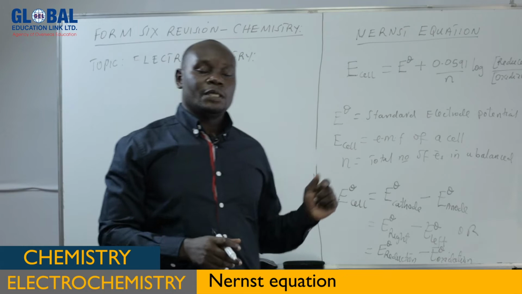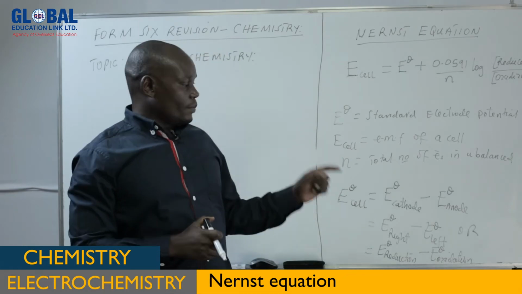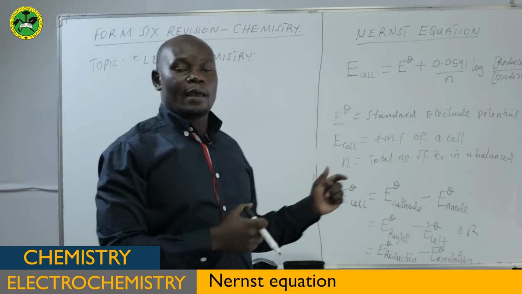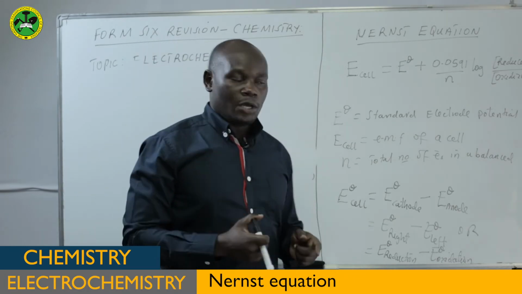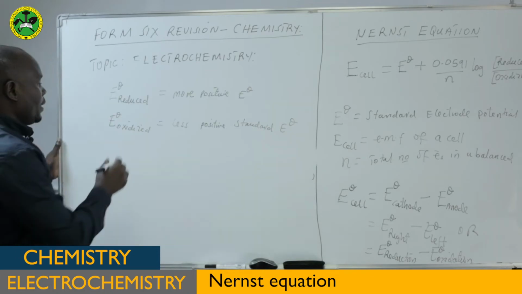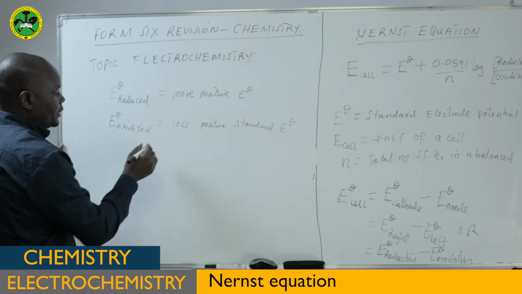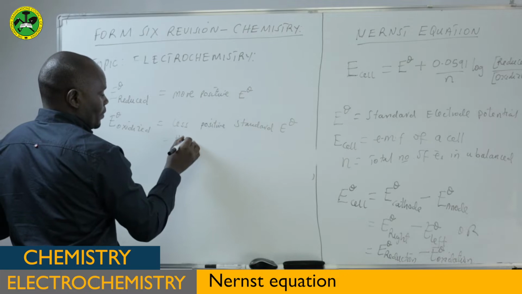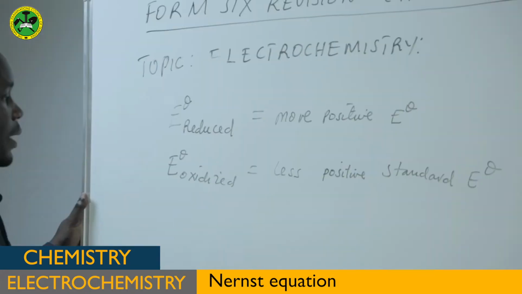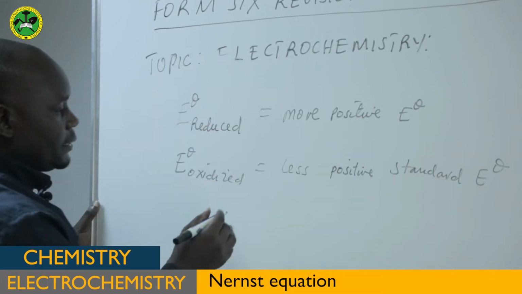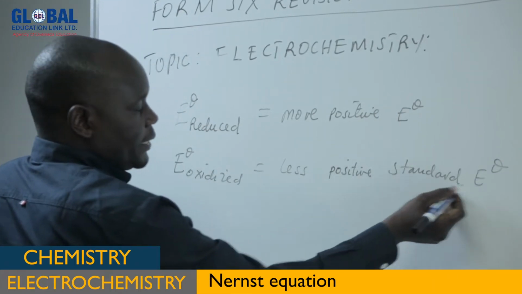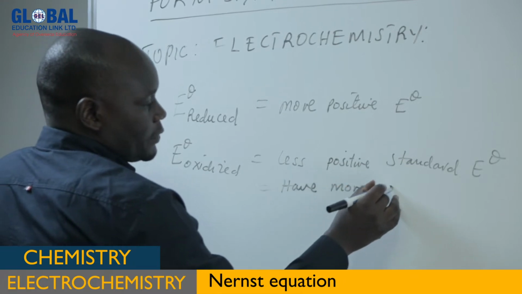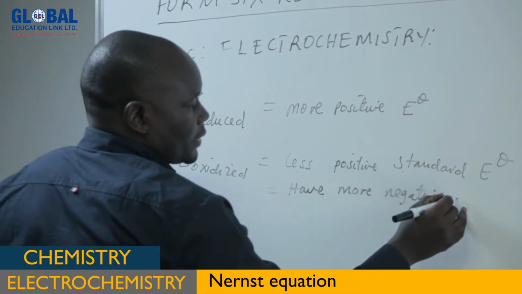And the species which is reduced is the one with the less negative standard electrode potential or the higher positive standard electrode potential.